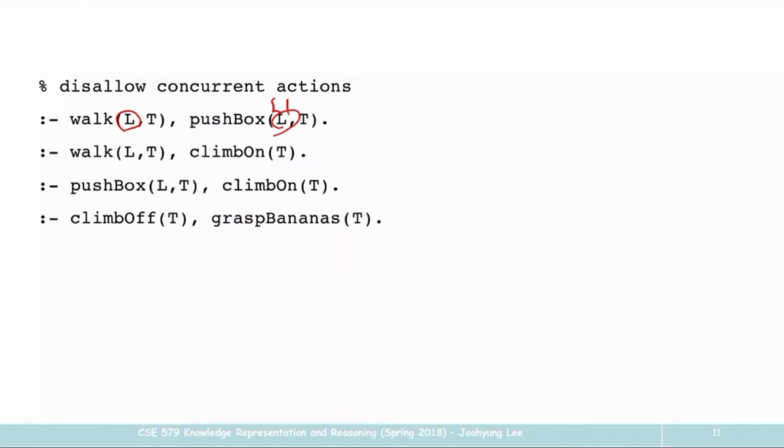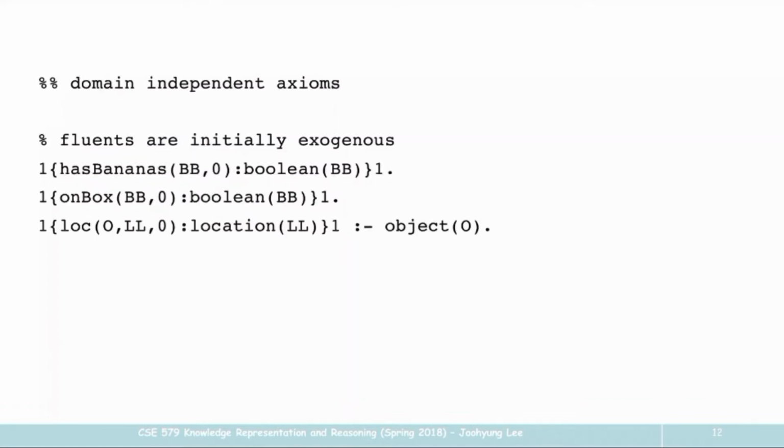Also, we don't allow the monkey to walk and climb on at the same time, push the box and climb on at the same time, or climb off and grasp bananas at the same time.